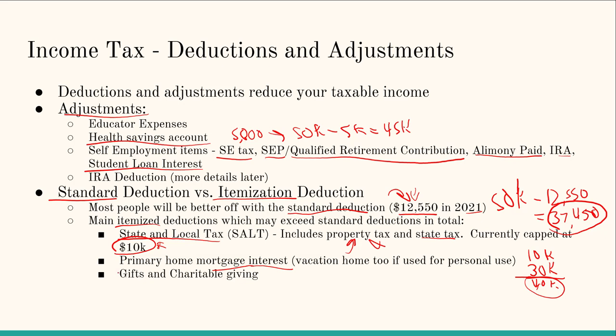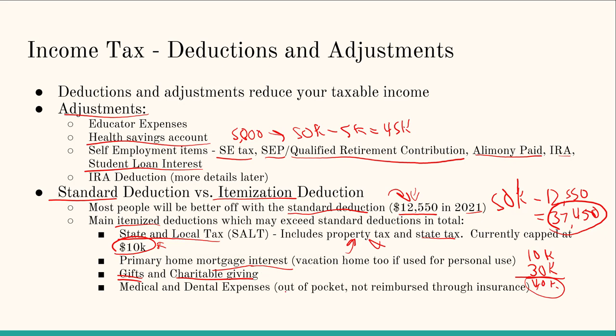Also, gifts and charitable giving. These are deductions that you can take if you're giving to a tax exempt nonprofit like a 501c3. So these are also itemized deductions, and people that give a lot to charity often have pretty large deductions for charitable giving.